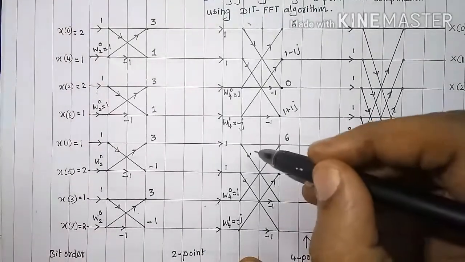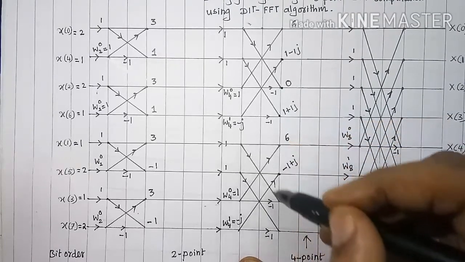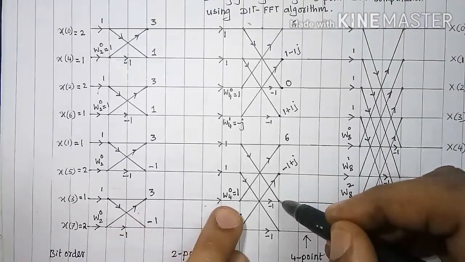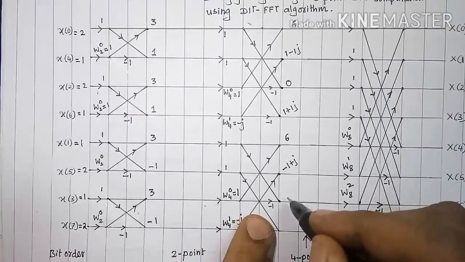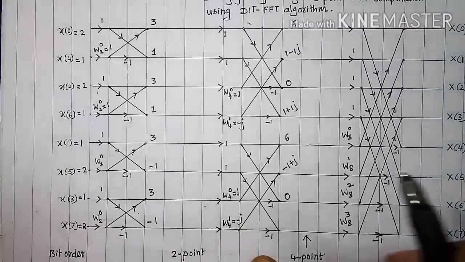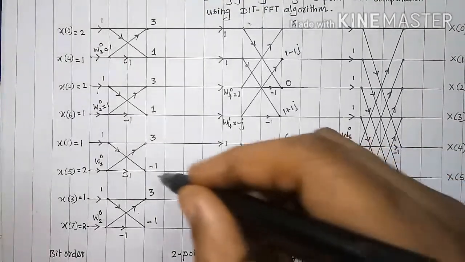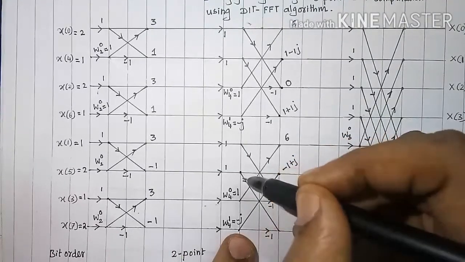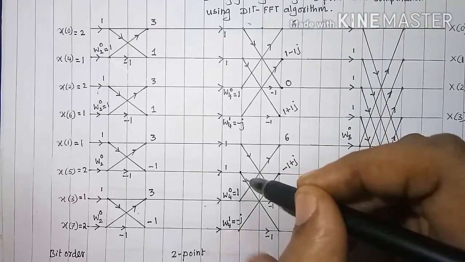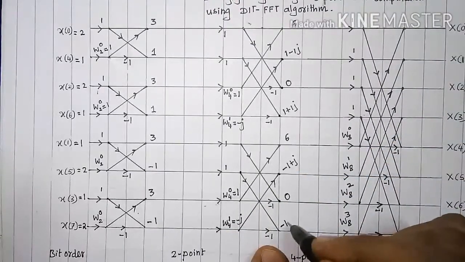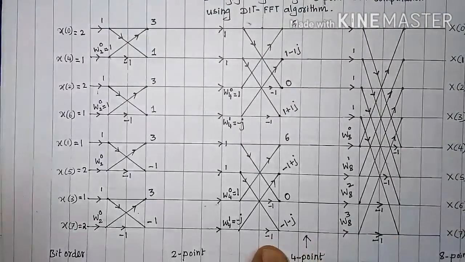Next 3 into 1, 3, 3 into 1, 3 minus 1, this will become 0. Next minus 1 into 1, minus 1, minus 1 into minus j plus j into minus 1 minus j, so minus 1 minus j we get.